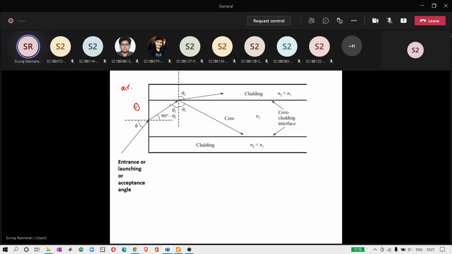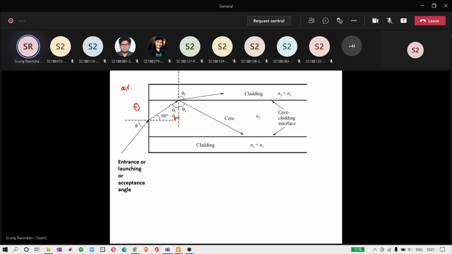This angle is theta 1, this angle is 90 degrees, so this angle should obviously be 90 minus theta 1. Let us also assume that the angle between the refracted ray and the normal is theta 2.